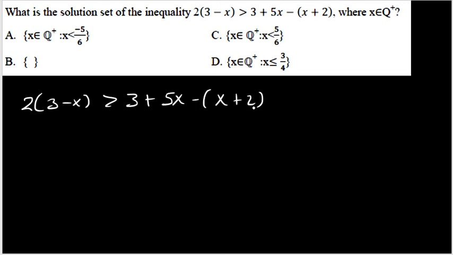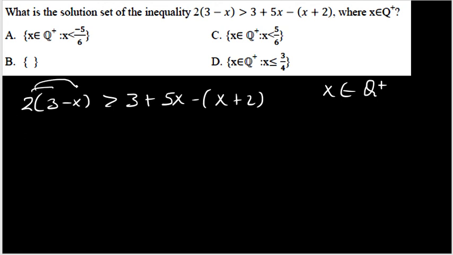Next question, linear inequality. 2 in bracket 3 minus x is greater than 3 plus 5x minus in bracket x plus 2. Don't forget, x is an element of positive rational number. Let us remove the bracket as we did before.